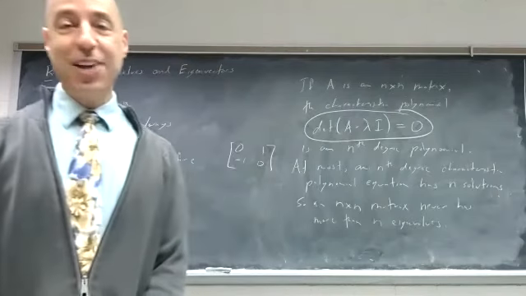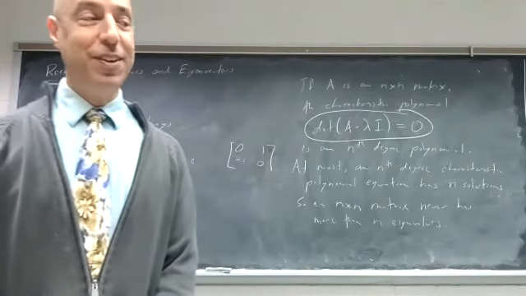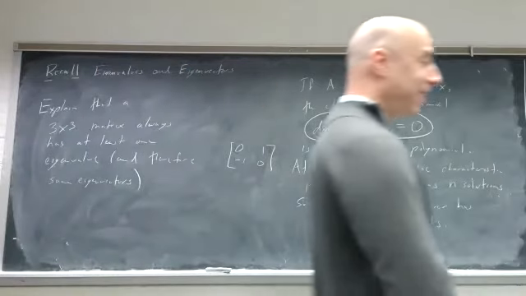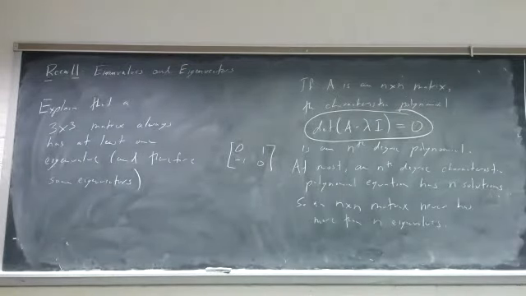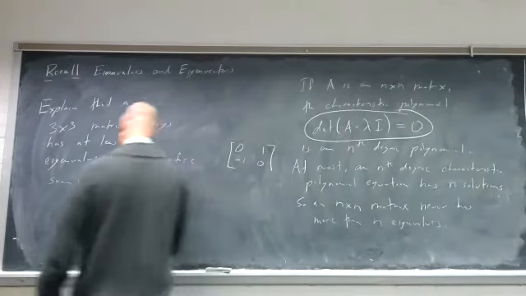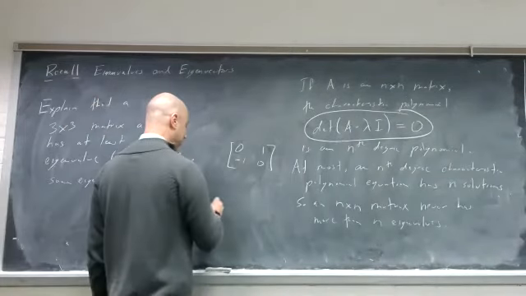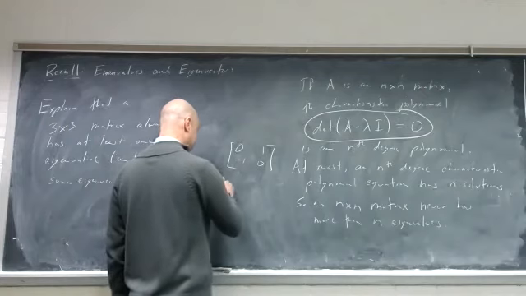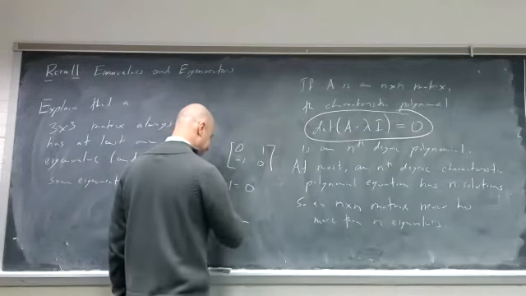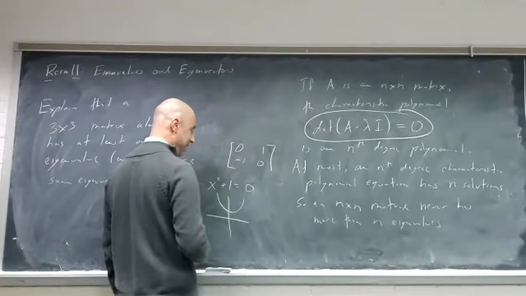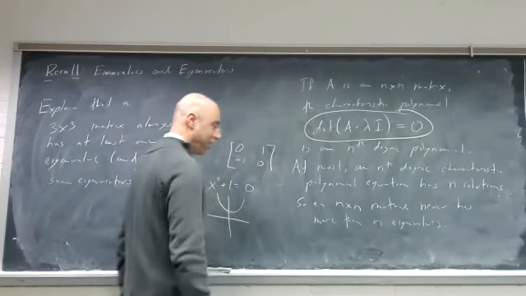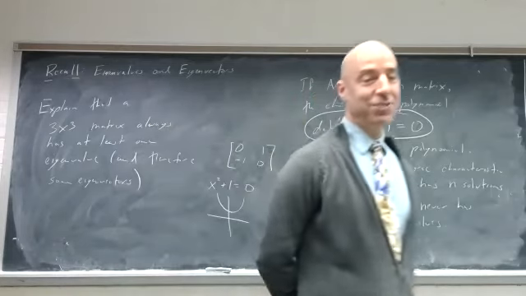You have to go back and ask your pre-calculus self. You know there are polynomial equations of degree 2 which don't have any solutions. X squared plus 1 equals 0 has no solutions. That thing never crosses the x-axis. What can you tell me about polynomial equations of degree 3?